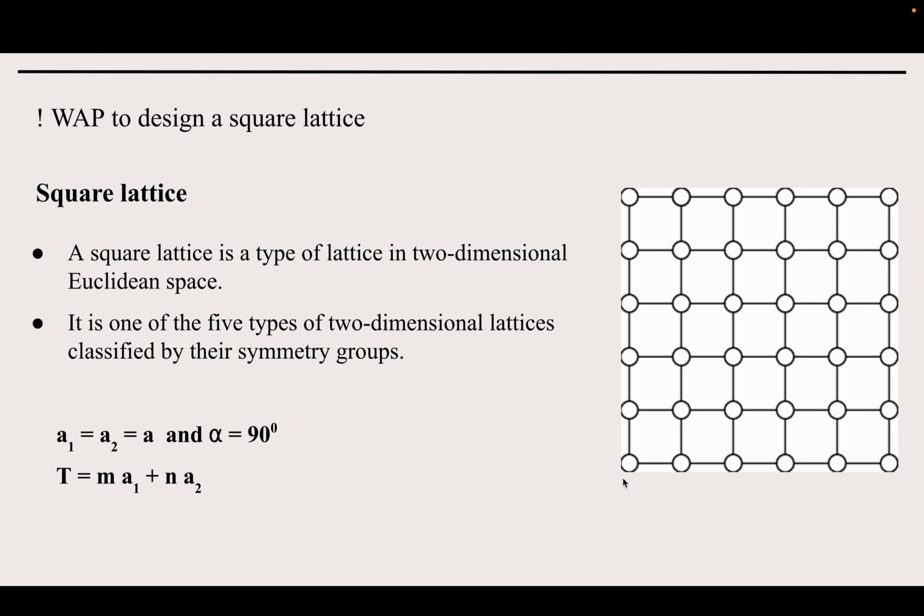We can make an infinite kind of square lattice also, but if we want to limit our construction, then we can arrange these numbers up to a certain range. So this way we can make our square lattice. Let's go for the Fortran coding part.